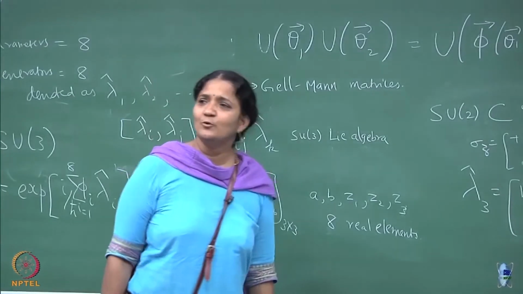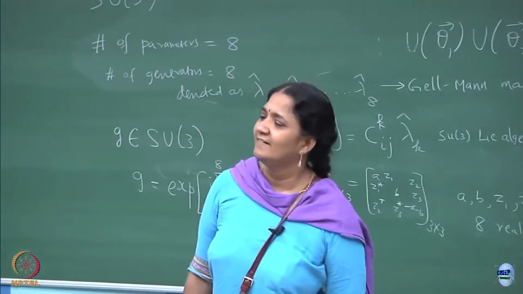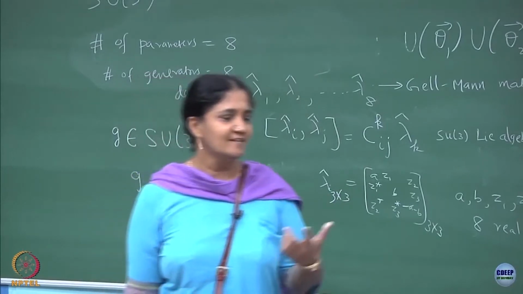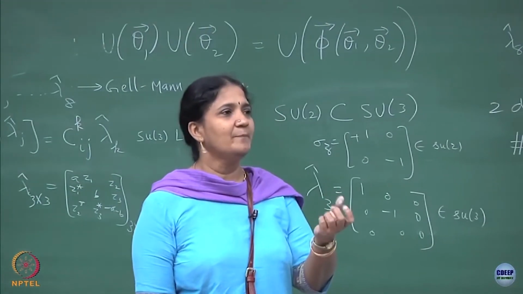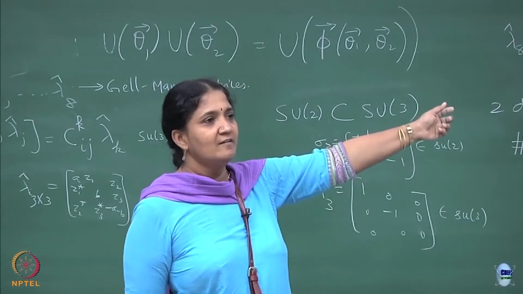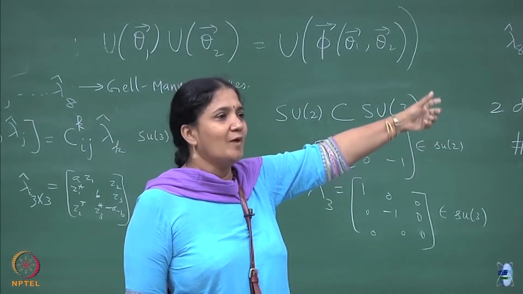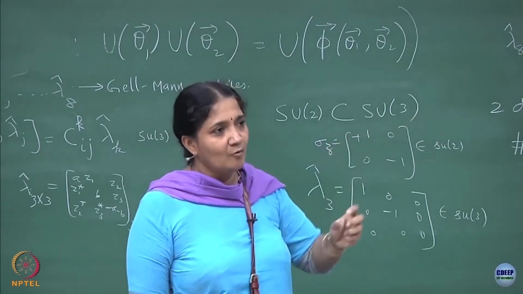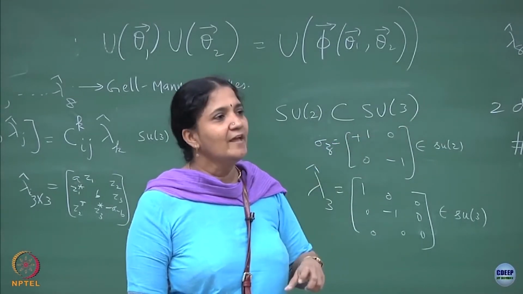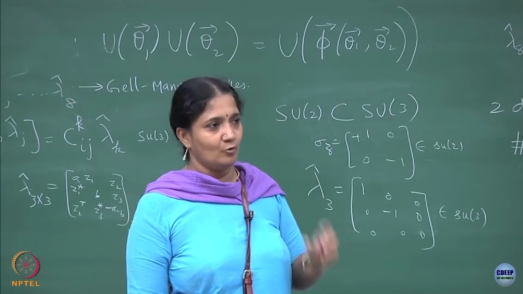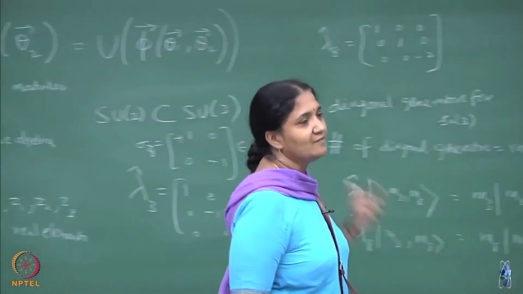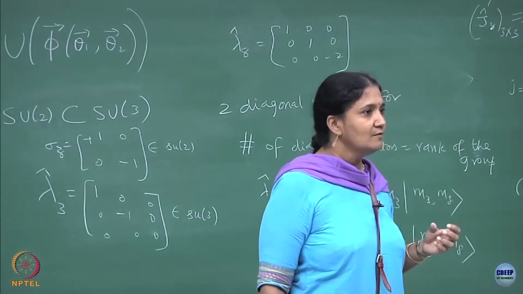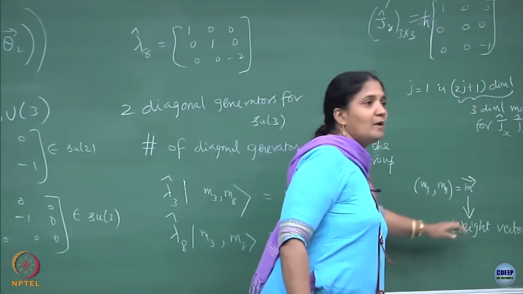What happens in SU2? In SU2 it is just a one component vector because it is only picking up one diagonal generator. It has only one diagonal generator. So that is a one component vector. If you had two diagonal generators, the weight vector will be two component. If there are three diagonal generators, you will have weight vectors to be three component and so on. Okay. So this is the formal notation.